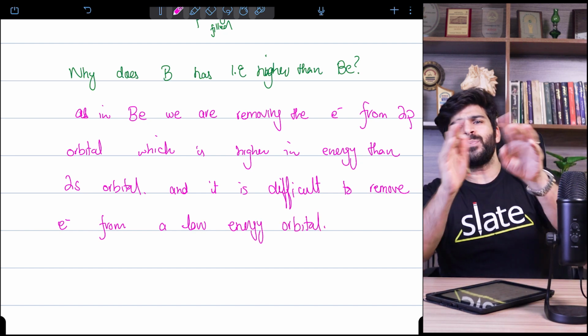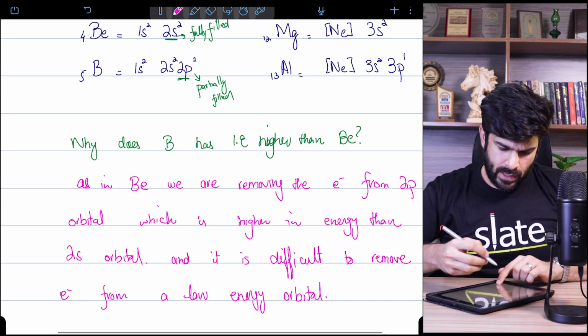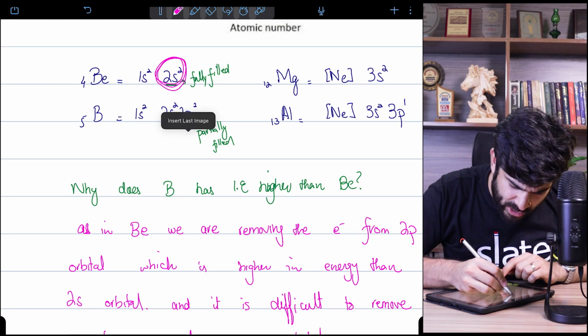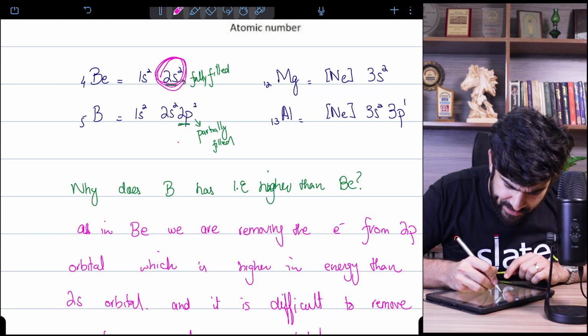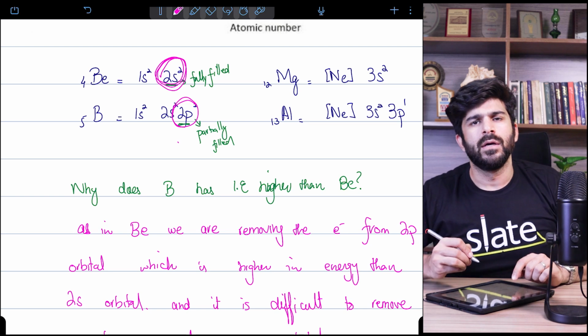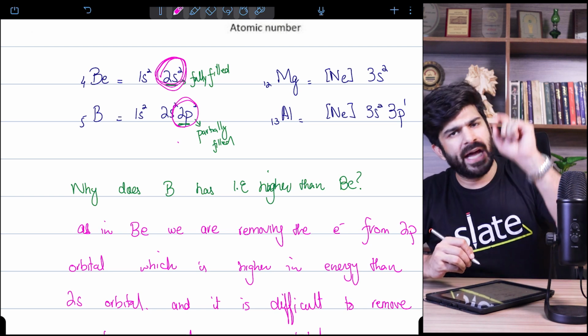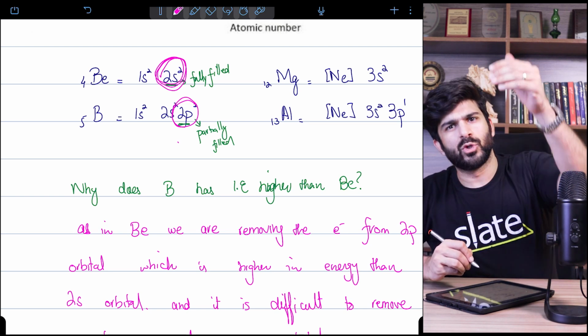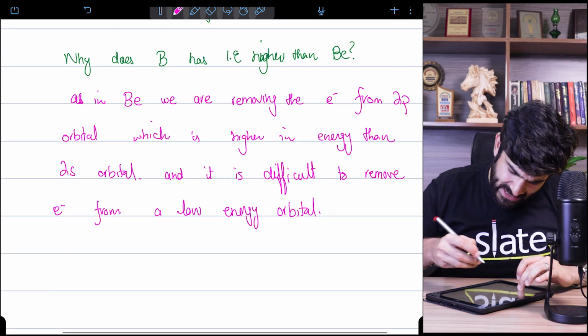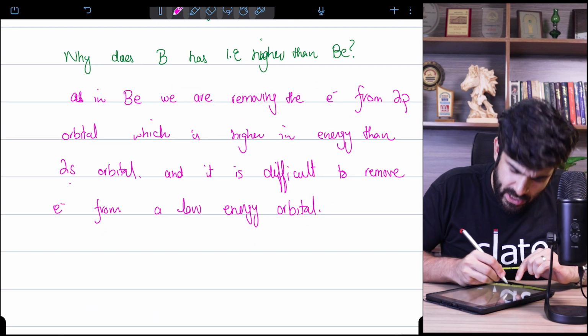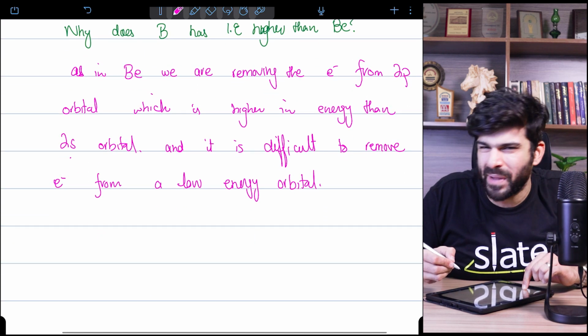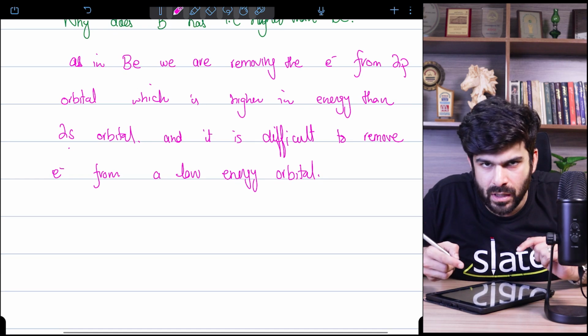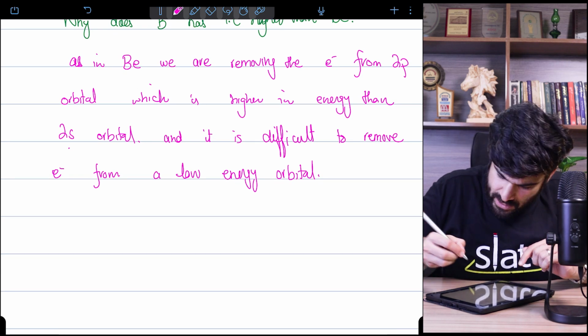So here we have a clash between s and p. Here we're taking out an electron from the s, and here we are taking out an electron from the p. The p is a high energy orbital, so it's easier to remove. The s has a low energy, so it is difficult to remove an electron from the lower energy s orbital.